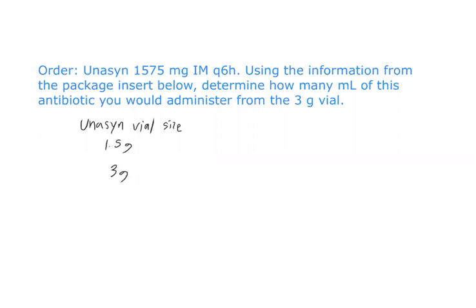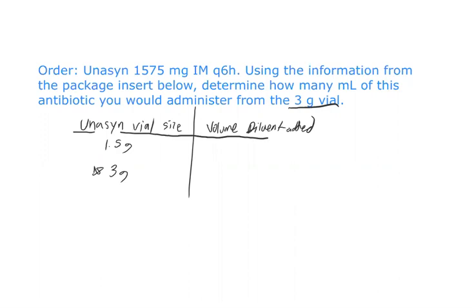We've already been told to use the 3 gram vial, so we know that we're using this one. Then it tells you volume of diluent added, and the last thing is the withdrawal volume. I'm just going to write it.